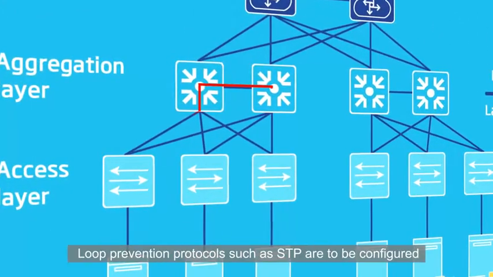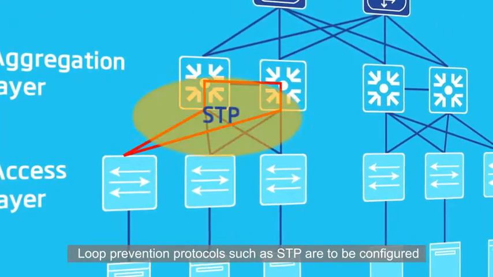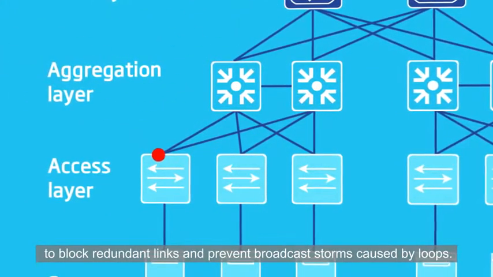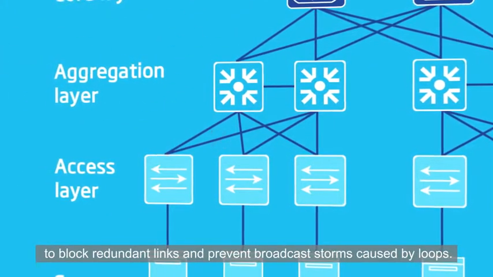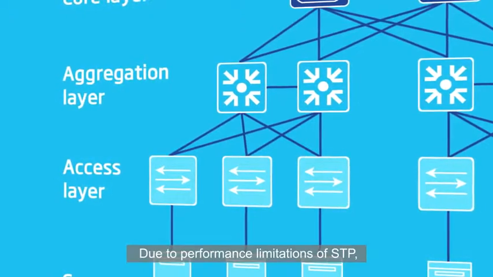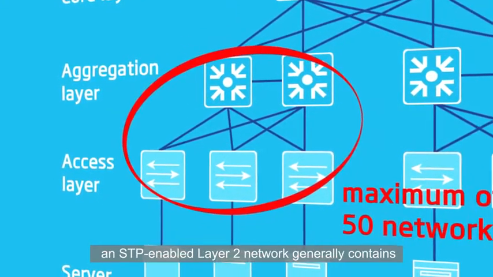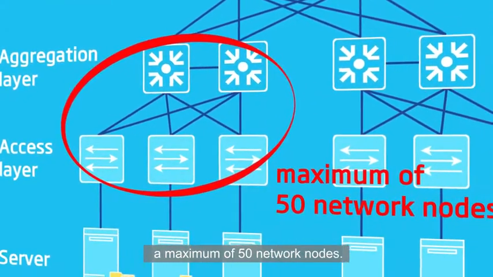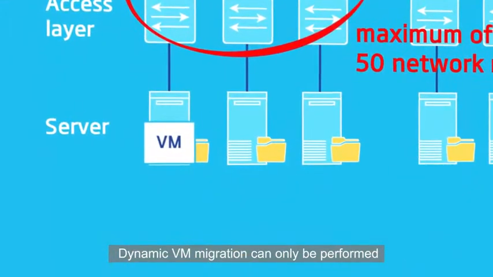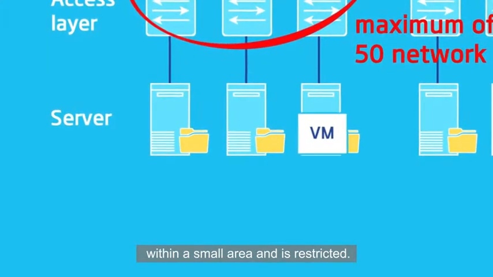Physical loops occur. Loop prevention protocols such as STP are to be configured to block redundant links and prevent broadcast storms caused by loops. Due to performance limitations of STP, an STP-enabled layer 2 network generally contains a maximum of 50 network nodes. Dynamic VM migration can only be performed within a small area and is restricted.